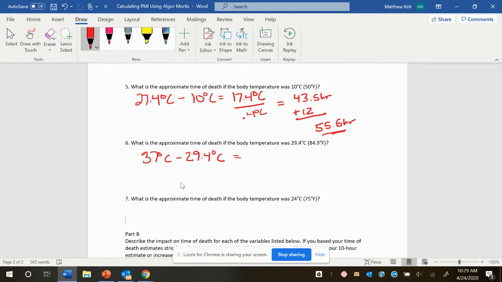So I just subtract from 37 this time, and I get a 7.6 degree change. But again, I want hours, so now I have to divide that by the higher cooling rate that occurs in the first 12 hours. And I'd have my estimated PMI of about 9.5 hours.